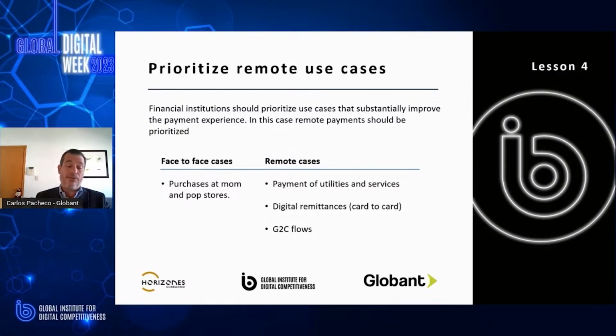Every country has a different name for these small stores that really serve small communities. Although that's a very important use case that has been targeted by some of the new technologies, like dongles that work with a smartphone, and payment aggregators have been really successful in doing that.